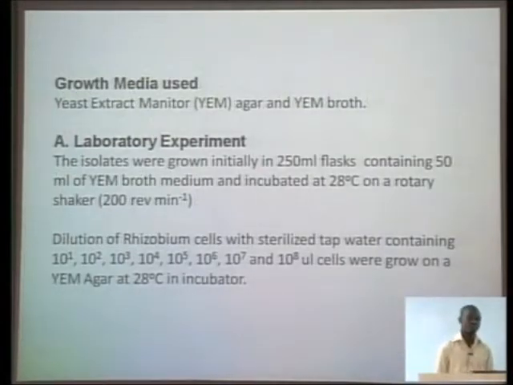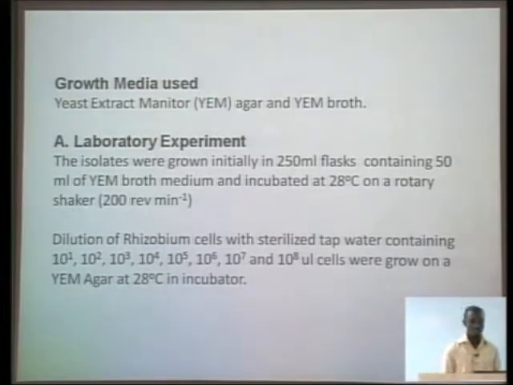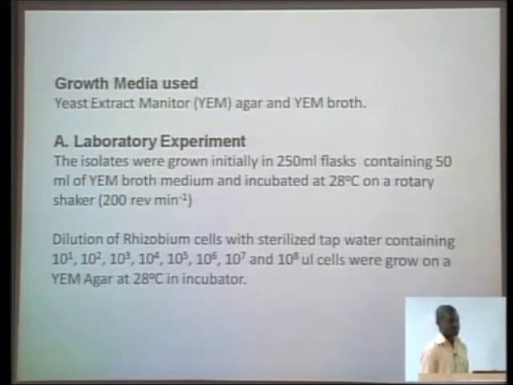Yeast extract mannitol (YEM) broth and agar was used to grow the bacteria. In the laboratory experiments, the isolate, or the bacteria, was grown initially in 250 ml flasks containing 50 ml YEM broth media, and later incubated at 28 degrees Celsius on a rotary shaker.